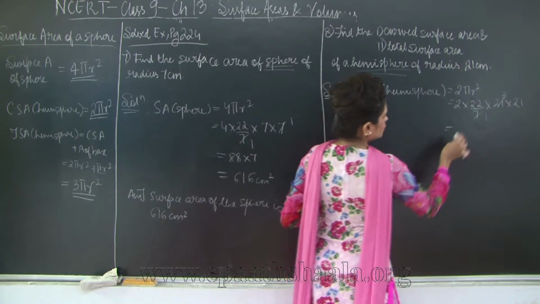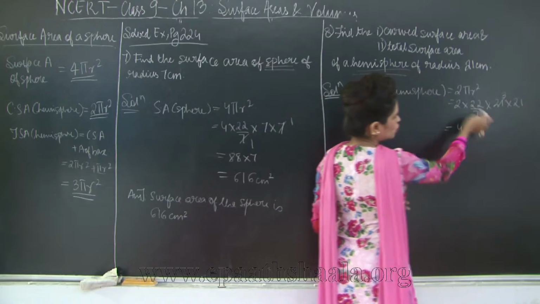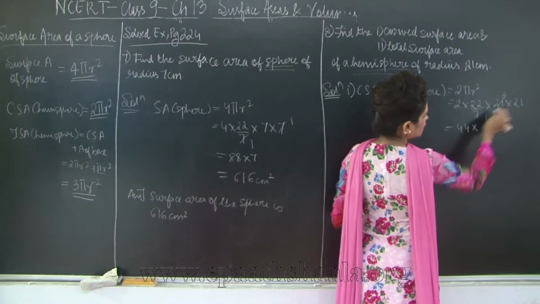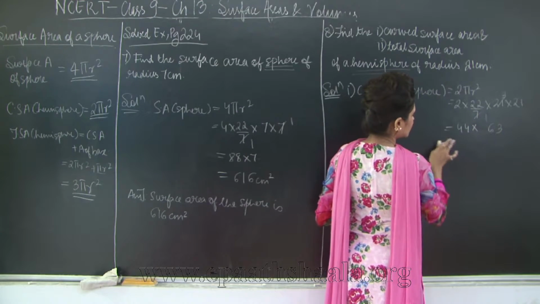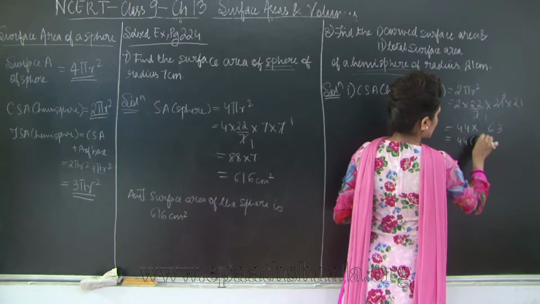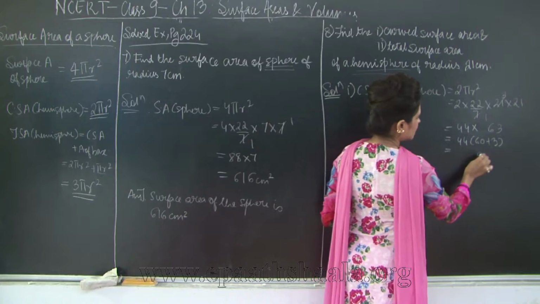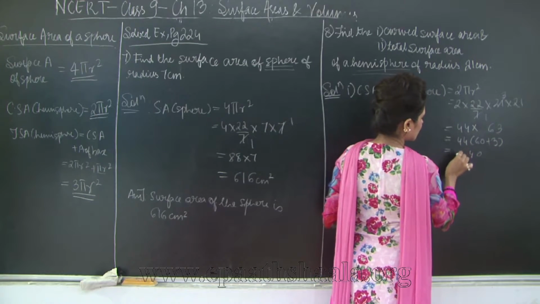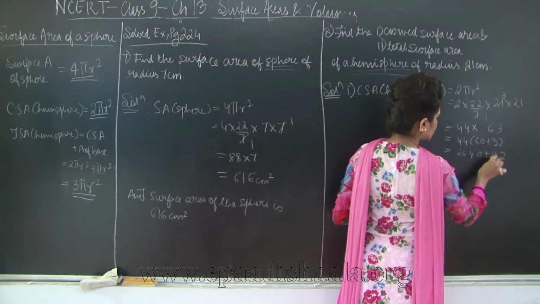So 22 into 2 is 44, and 3 into 21 is 3 ones are 3, 3 twos are 6. So let's multiply these two terms. This would be 44 into 60 plus 3, right? So 44 into 60 will be 6 4s are 24, 26, plus 3 4s are 12, 132.